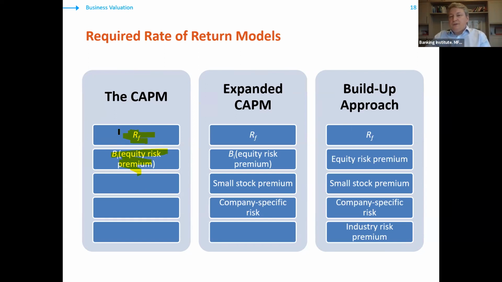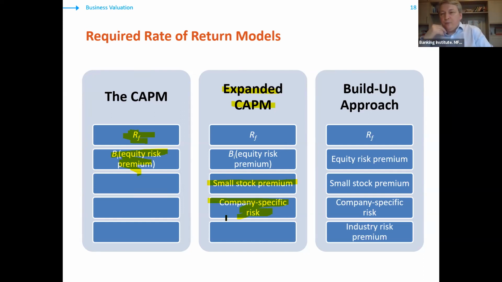Then we can go deeper and add something to our CAPM model. Then we start with risk-free rate, then we calculate a public market discount rate, a public market cost of equity, and then we add something for the company. We can add small stock premium, and we can add some company-specific premium.